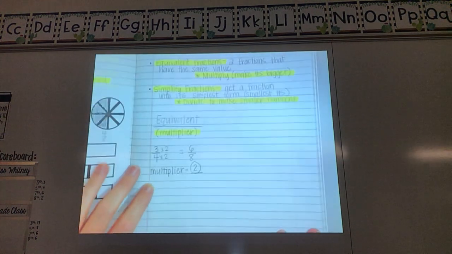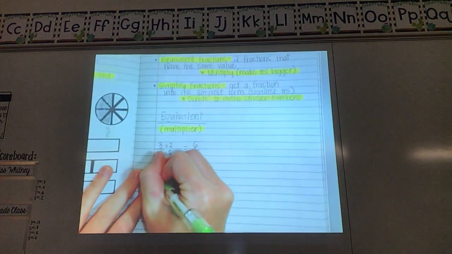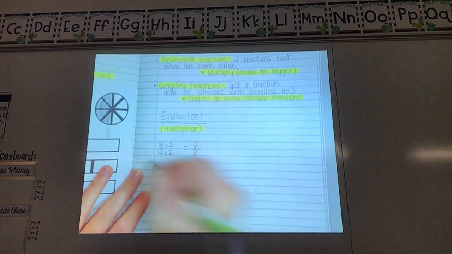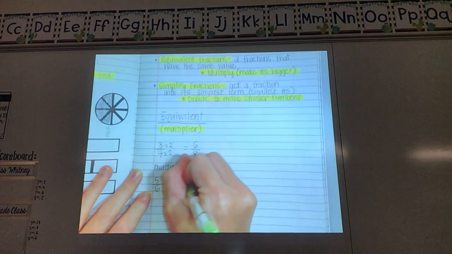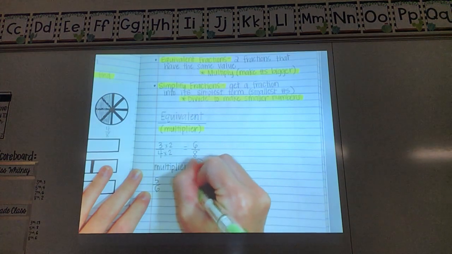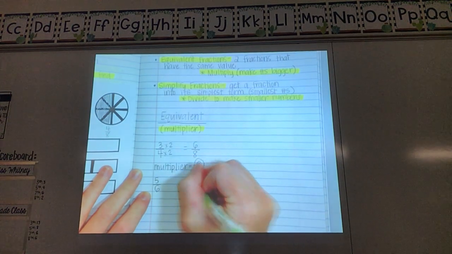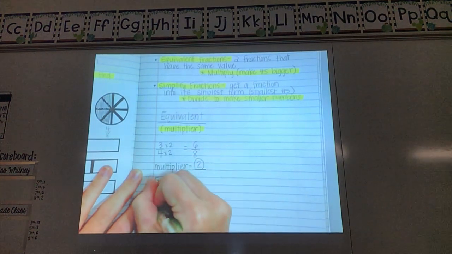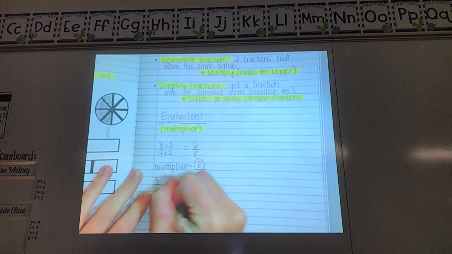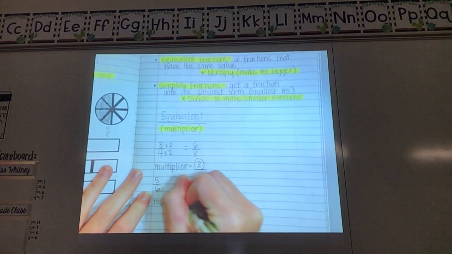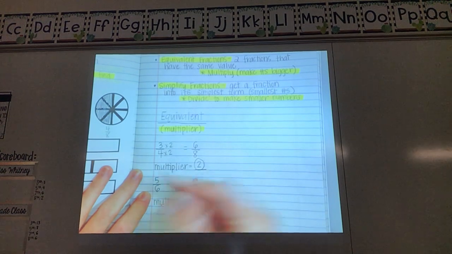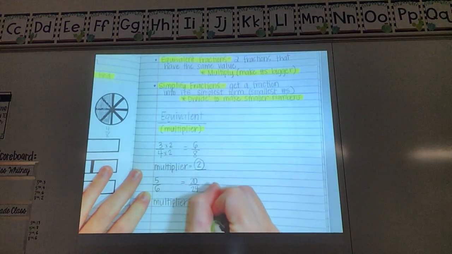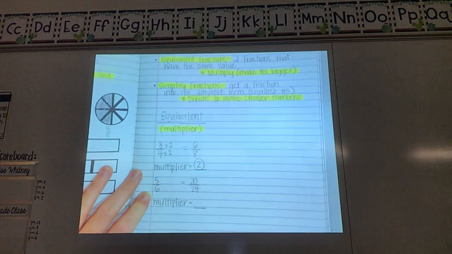Let's try another one. If I give us the fraction 5/6, and I want to change it to be 20/24. What would my multiplier be in order to change 5/6 to the equivalent fraction 20/24?